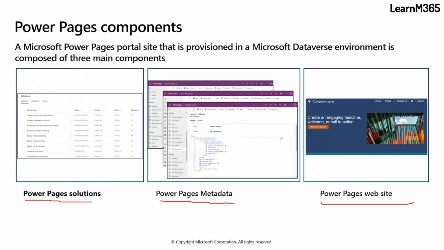If we talk about the portal solution, it provides the update to Microsoft Dataverse such as table, processes, and plugin. The portal metadata loads the portal template data that defines the portal. And finally, the Azure web application is installed that will render the Power Pages site to the world.